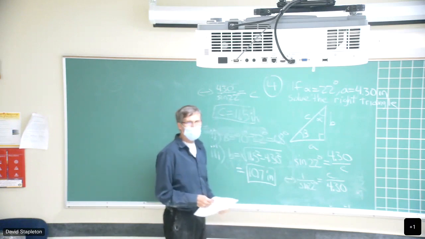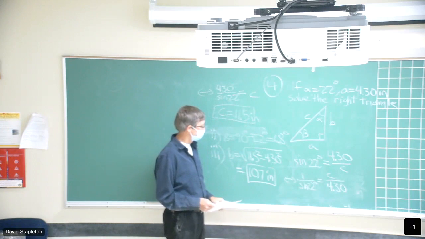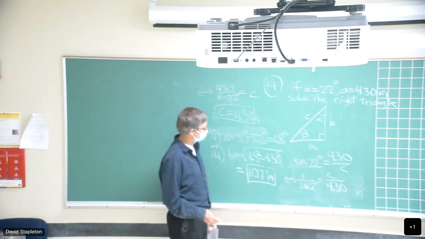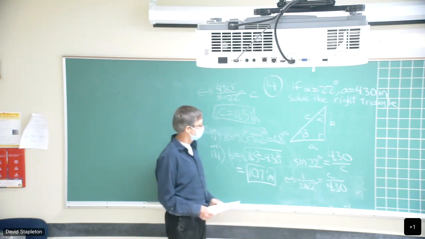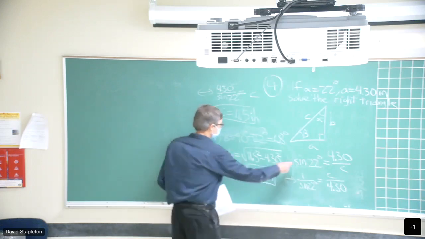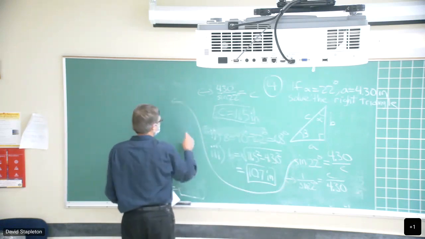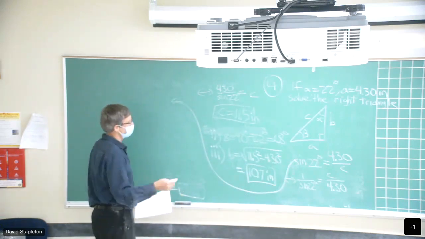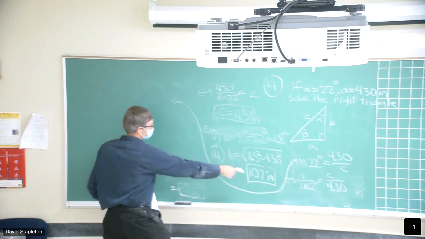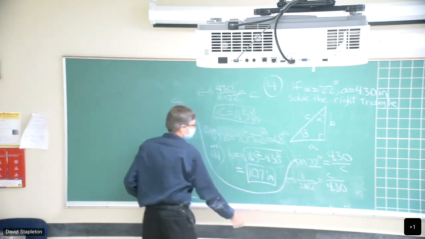I think what you're trying to do is the way I do it. So you actually multiply by c, so it'll be c sine 22, then you divide by sine 22, which leaves you with 4.30 divided by sine 22. You can't multiply the bottom denominator or the top denominator with the other side. You always have to divide the bottom denominator. This is what he's saying. Maybe that's what you're saying too, is you can start from here and instead of taking reciprocals, there's lots of algebraic ways to do it.